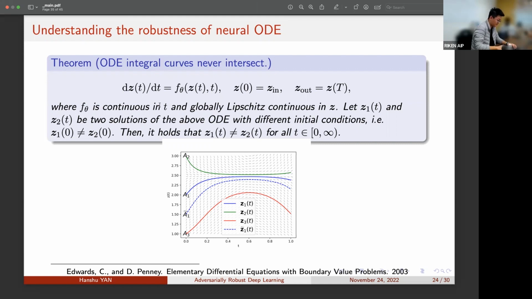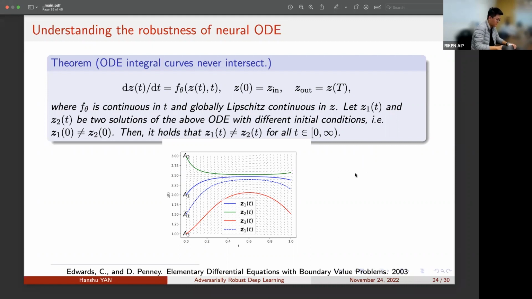It means that suppose z is governed by the dynamics f theta, and f theta is continuous in t and globally Lipschitz continuous, then if z1 and z2 are two different solutions of the ODE, at any time they will not be equal, which means the two curves will not intersect with each other.